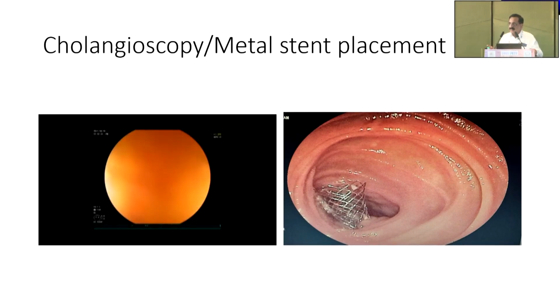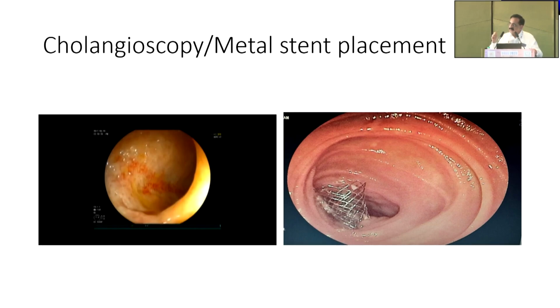Just use the balloon of the overtube, go next to the papilla, go next to the hepatico-jejunostomy area, dilate that area, and remove the scope. Do not remove the scope with the balloon kept on the scope, because the balloon will slip off. You remove the scope and put a cholangioscope through a standard route, and you will be able to do a cholangioscopy.